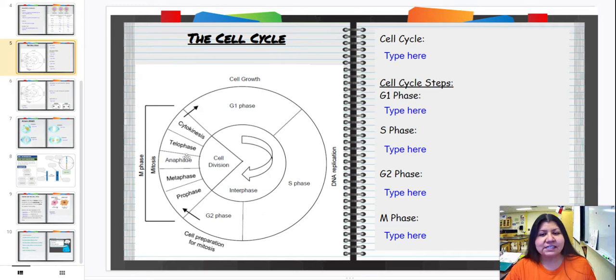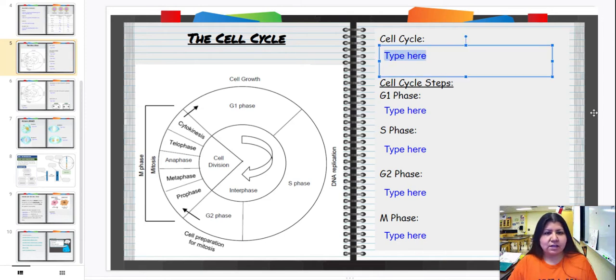The purpose of the cell cycle is for my cell to be able to grow and eventually be able to divide. So I'm going to type that definition right here. The cell cycle is a process a cell takes to grow and divide.